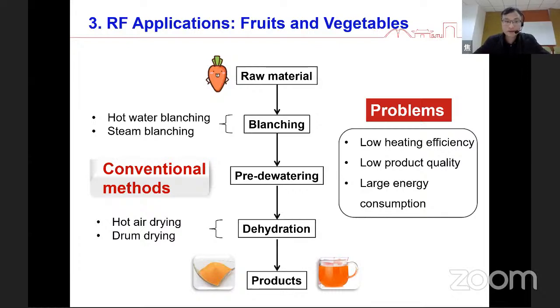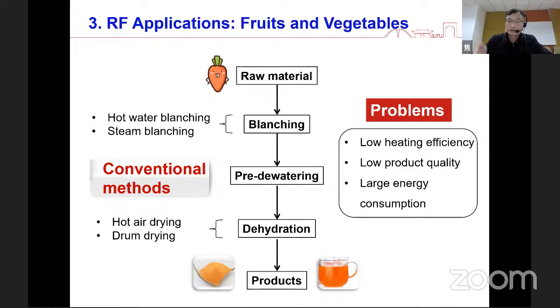And another thing is that we are not using RF heating to treat the carrot cubes for the whole processing. What we really want is that first we use RF heating to do a fast heating process for the dry blanching treatment.